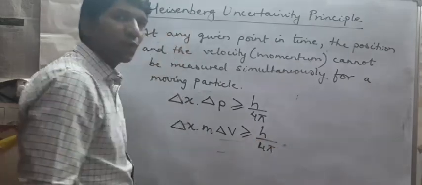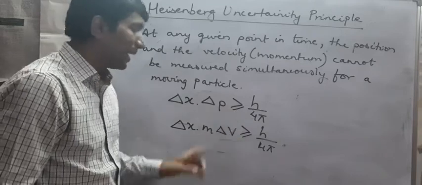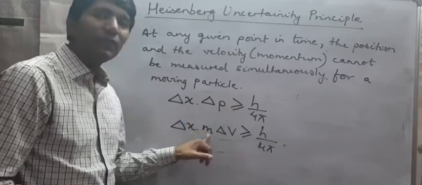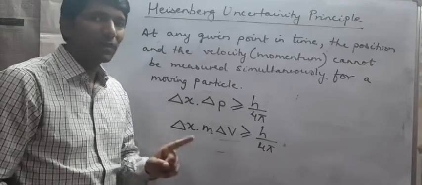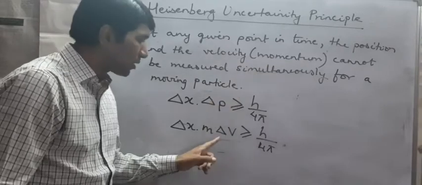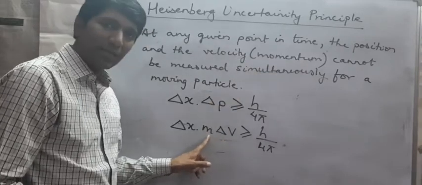Now when we are solving the numericals, you will always use the value of equal to and not greater than. And one more thing you need to check is that the mass of that moving body will always remain fixed. That is why I have written velocity and momentum, because the change will be in terms of velocity and not the mass. So the mass is always fixed.